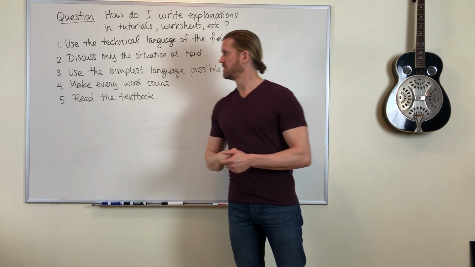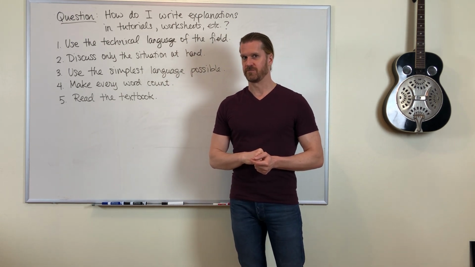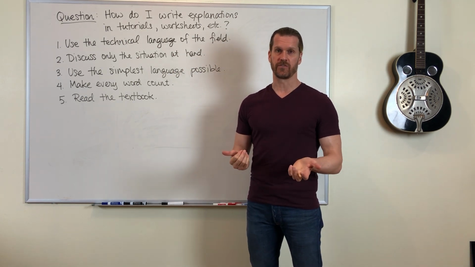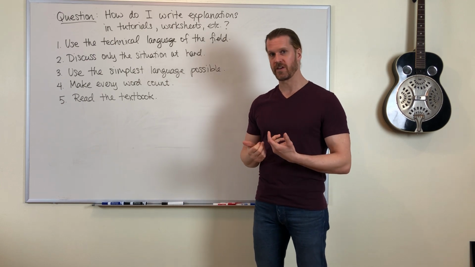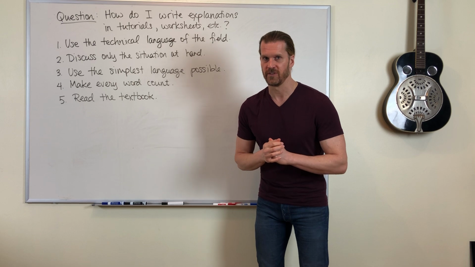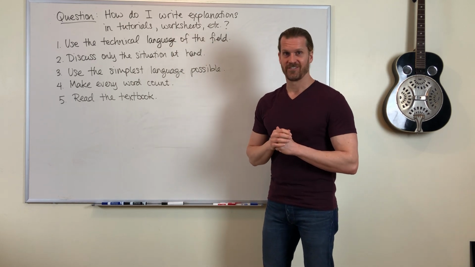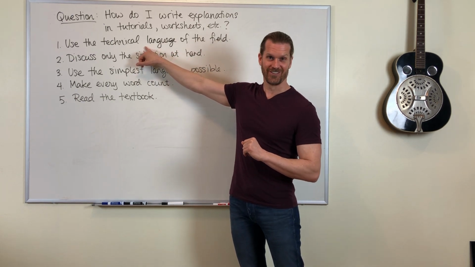Number 3, use the simplest language possible. A lot of times I see beginning physics students try to come up with their own words for things, or they try to write really long explanations or use fancy words to try to sound smart. That always backfires. We already have the best possible words you can use.